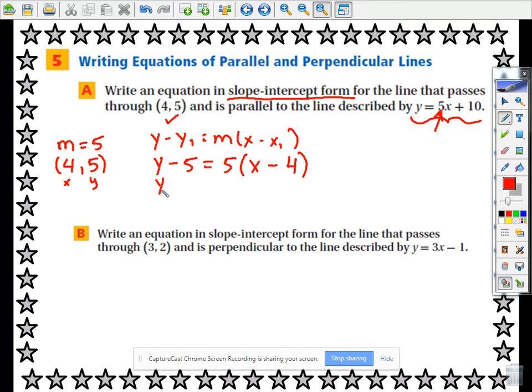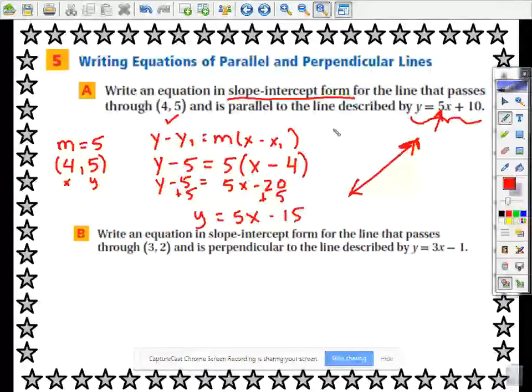If I distribute the 5, I would have 5x minus 20, add 5, and I have y equals 5x minus 15. So this is parallel to that line, and it includes the point (4, 5). So that's the equation of the new line.